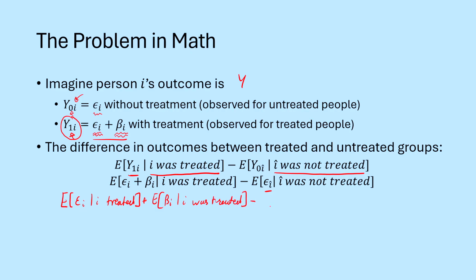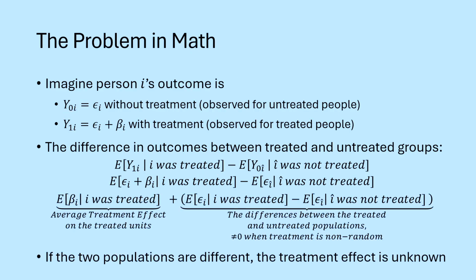And of course over here this is still the same for i not treated. We can break them up like that. And once we've broken them up, there's a way of reorganizing things that will help us to understand what's going on. And that is this. If we pull out that expectation of beta term out front, this is what we are generally curious about in the real world. It's the average treatment effect on the treated units.